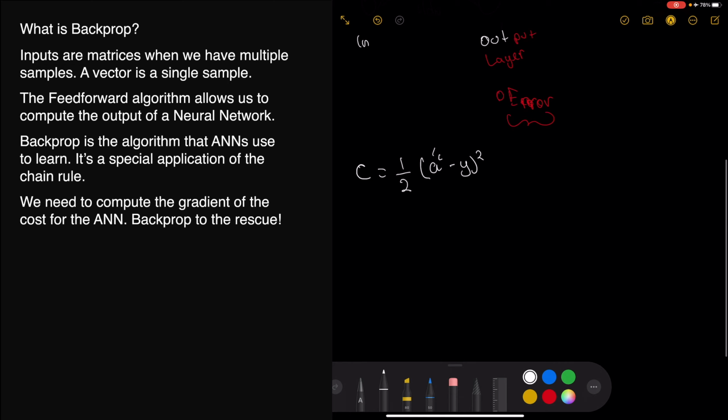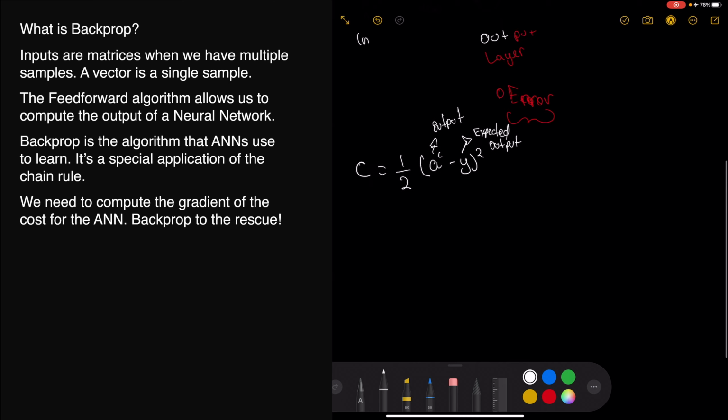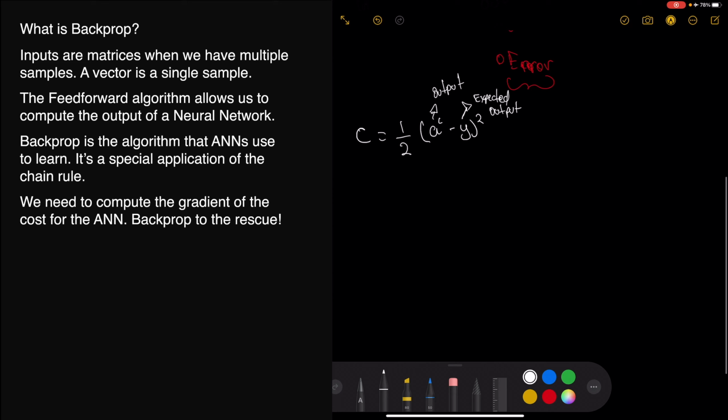AL is the output of the neural network, and Y is the expected output. So this is part of our training set, right? This Y is part of our training set. And here we are finding the squared error, the mean squared error of the neural network.